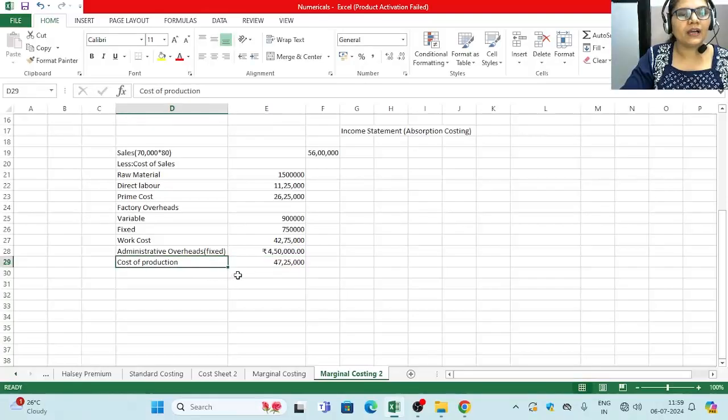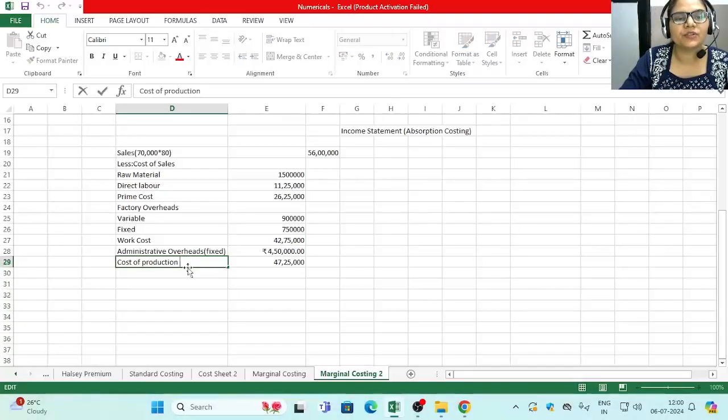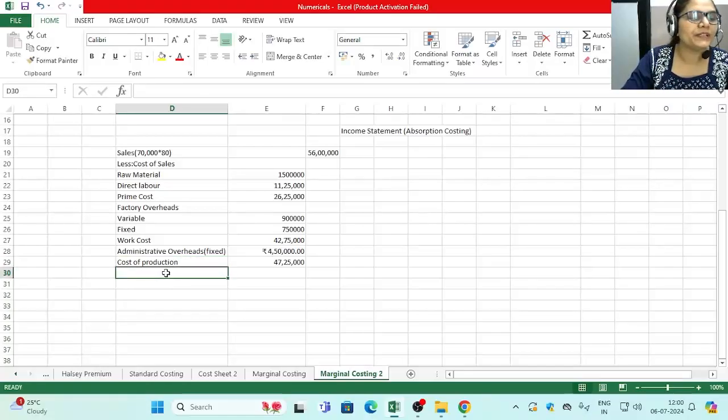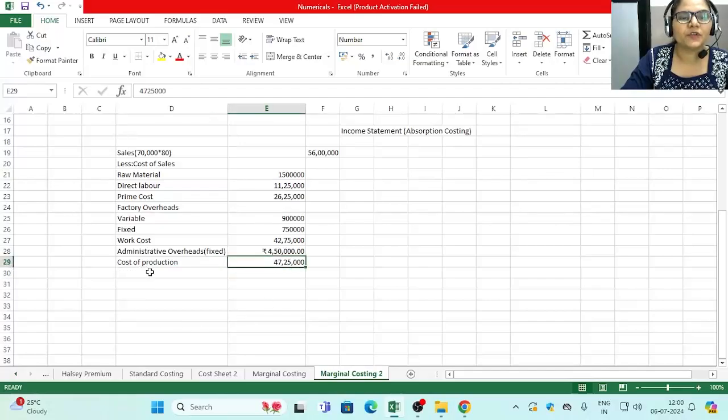Now, as we have been given closing stock and opening stock, when we are preparing an income statement as per absorption costing, we need to adjust the values of opening stock and closing stock in this absorption costing statement. Cost of production is 47,25,000.